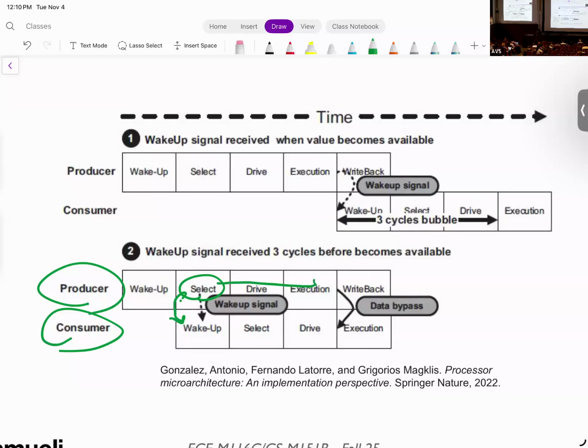Since the producer goes through the pipeline, by the time the consumer reaches execution, the producer is already completed and you can forward it. So you let the read and everything happen, but then you forward. It's similar to the way that we forward in the pipeline: you let the instruction go to decode, go to execute, and then you forward things from the previous instruction.